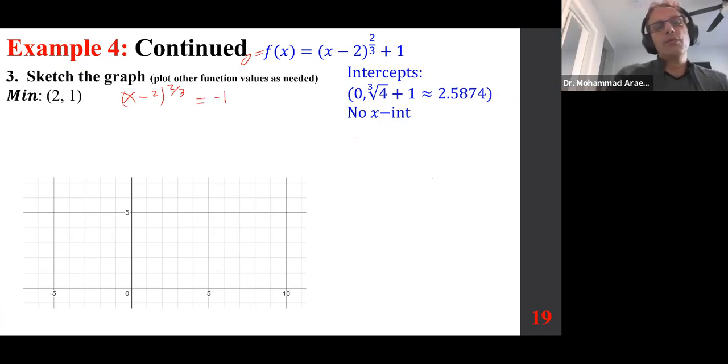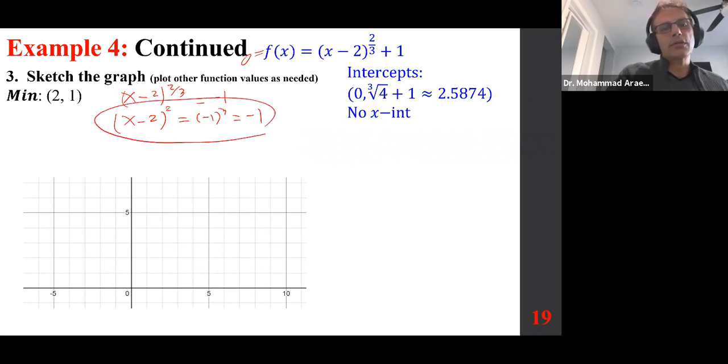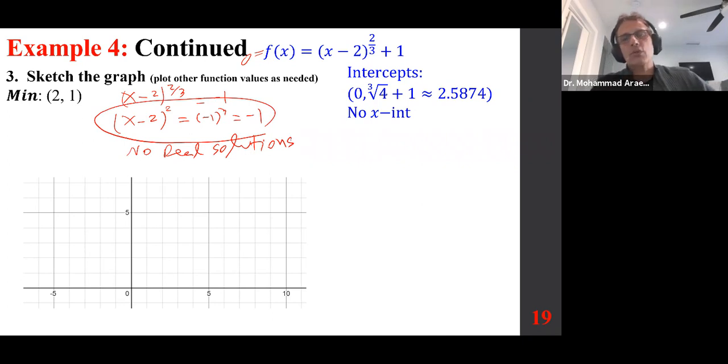Okay, I'm going to raise both sides to the power of 3. And I hope you remember from algebra, this has no solutions because x minus 2 squared equals -1. No real solutions. And you need real solutions for intercepts.